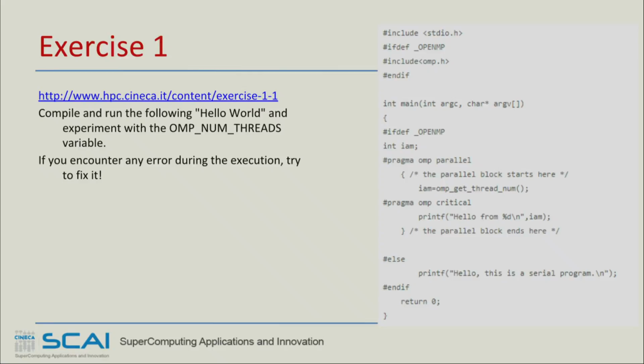On the other side, this is not very correct because in principle, I would like to preserve the shared scope of this variable. So I just decided to change the scope of the IM variable for all the code.